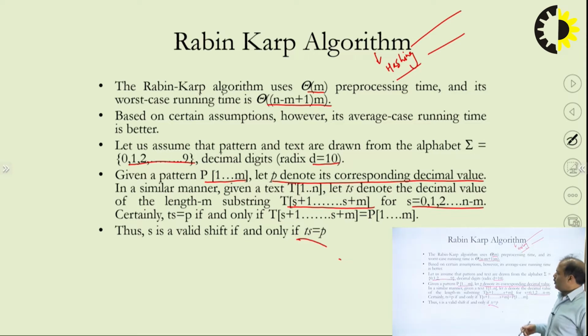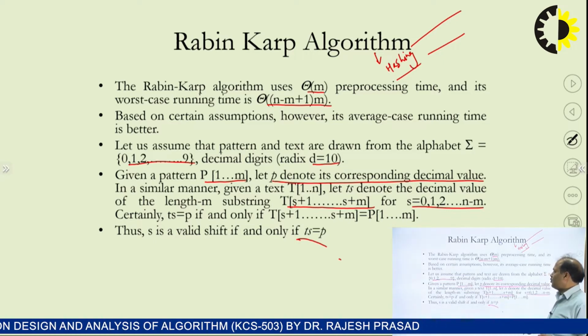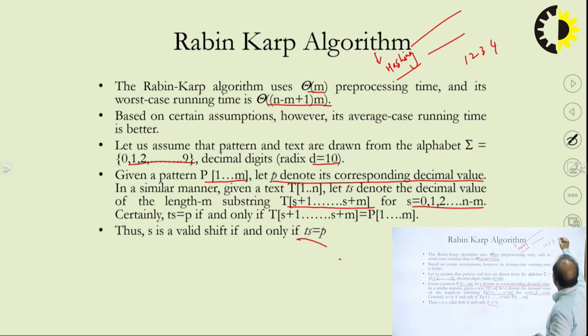We know that if the pattern is equal to the text at that particular alignment, their integer values must be the same. For example, if the text is 1 2 3 4 5 and the pattern is 3 4, its decimal value is 34, and the text window also has decimal value 34.